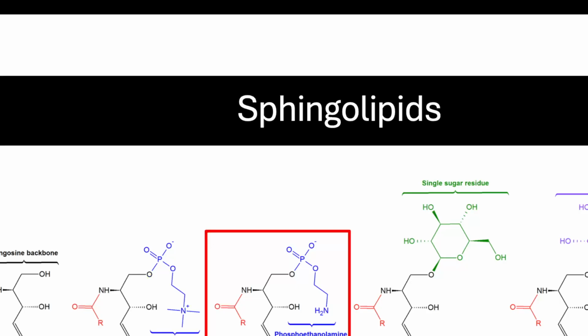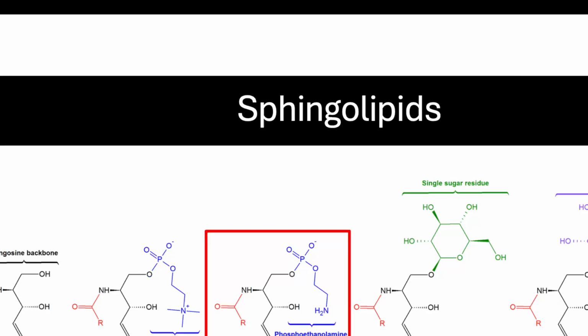We have other members like the sphingosine, ceramides, sphingomyelin, cerebroside, ganglioside. So these are all different because of the sphingosine backbone. This is the sphingosine backbone, right? The NH3 plus, OH, C and COOH.